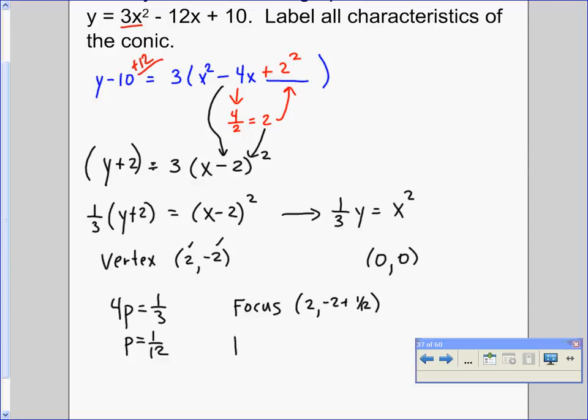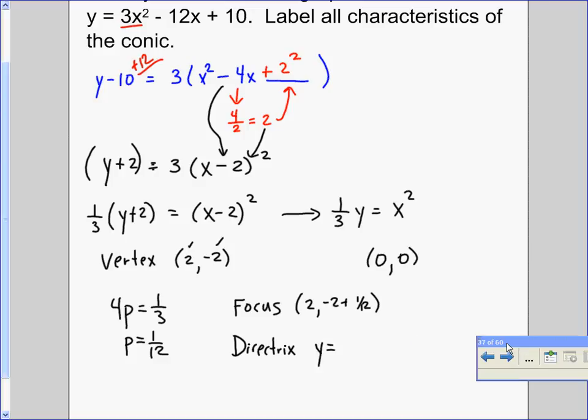And then for your directrix, it's going to be the equation. And remember, it's going to be a horizontal line. So when it's a horizontal line, we've got y equals, and you're going to have your negative 2 minus 1/12.